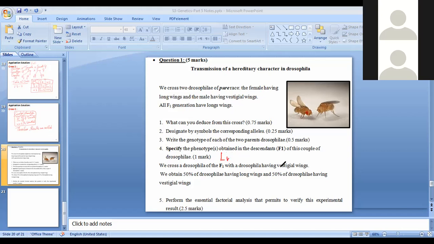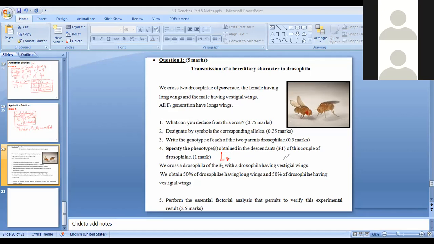Yasmina, what is the genotype of the vestigial wings Drosophila? It's VV. Why?